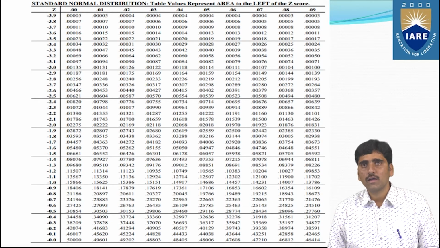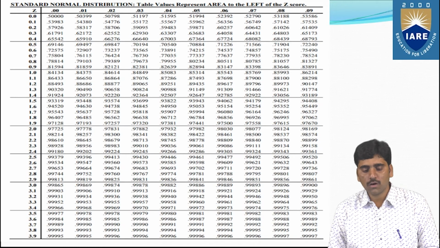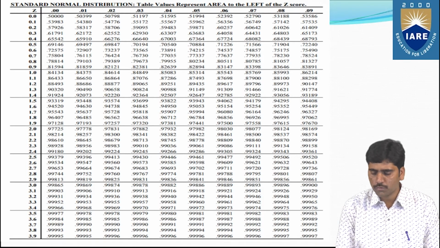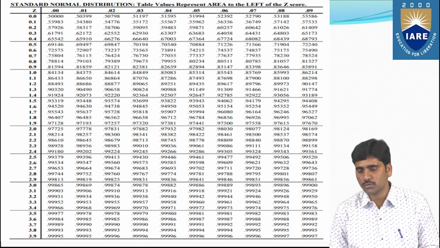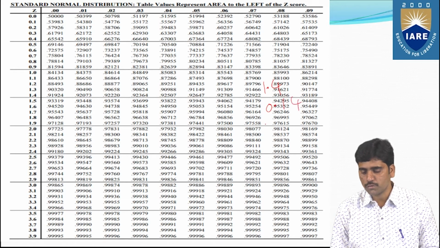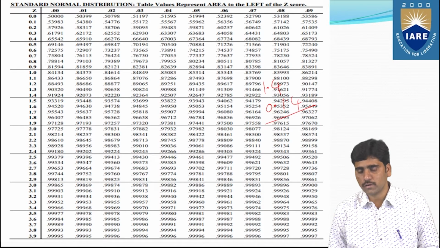This is all negative values of the standard normal distribution range, and this is all positive values. So 1.414 is the root 2 value, so you can write it as 1.4, and then 0.01 next.